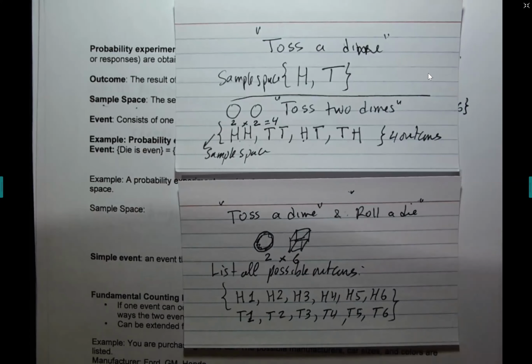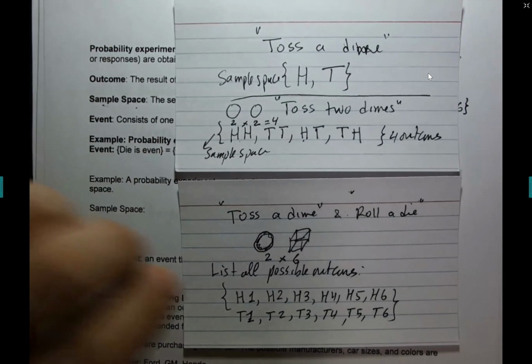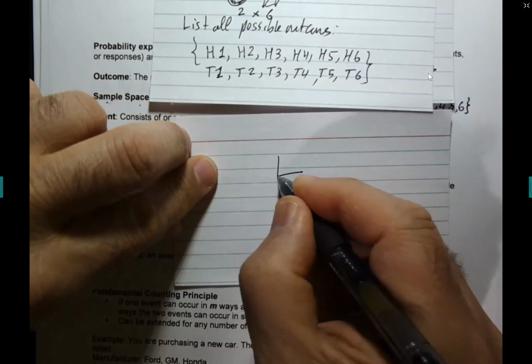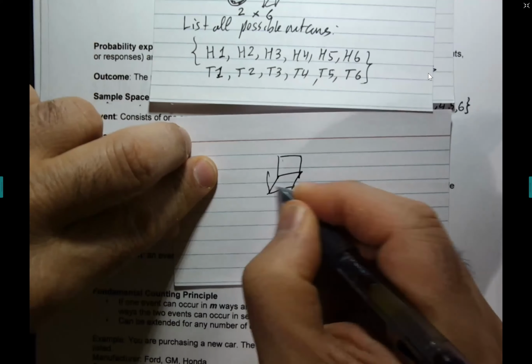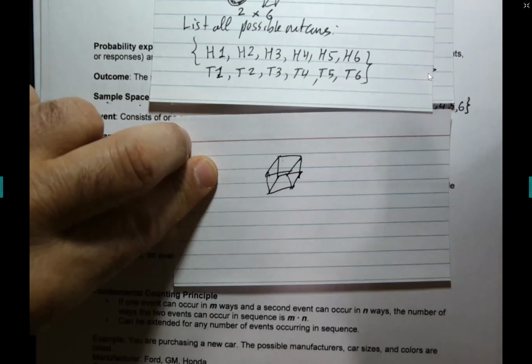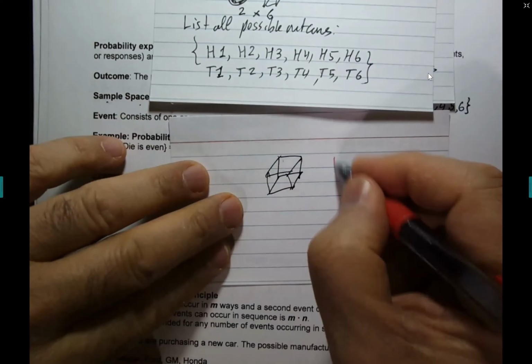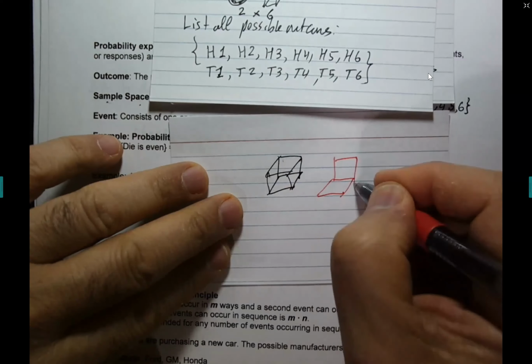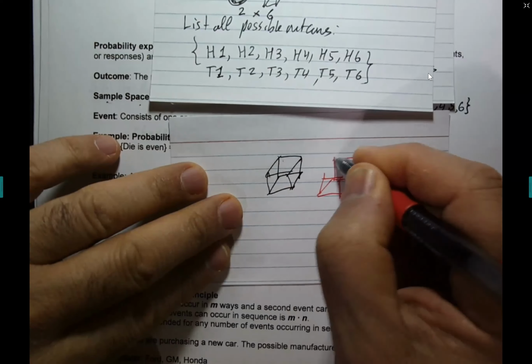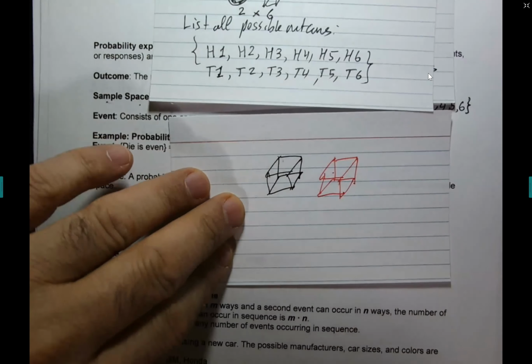Okay. Let's make it more fun now. We're going to put 2 dice. Roll 2 dice. Let's say this is a black one and that's a red one. Okay.